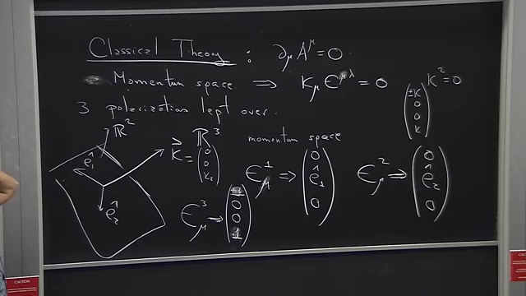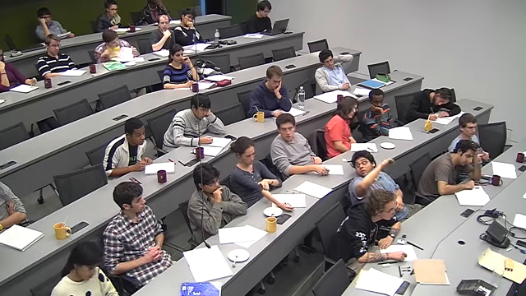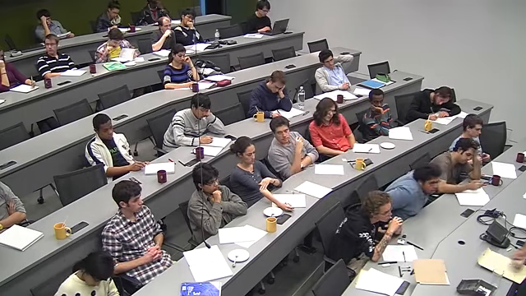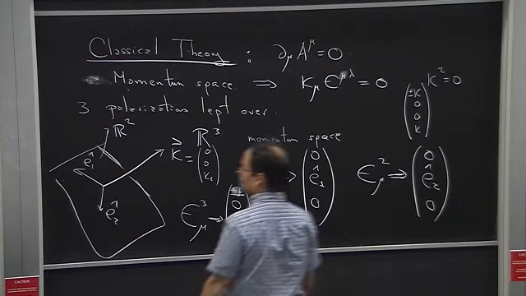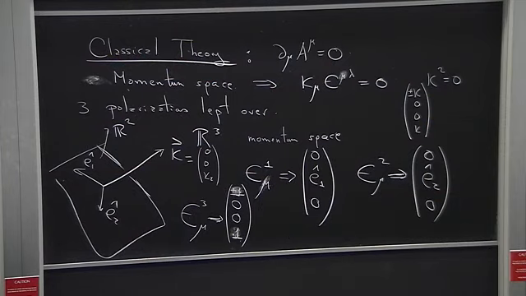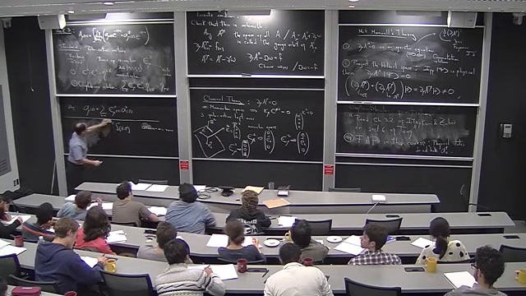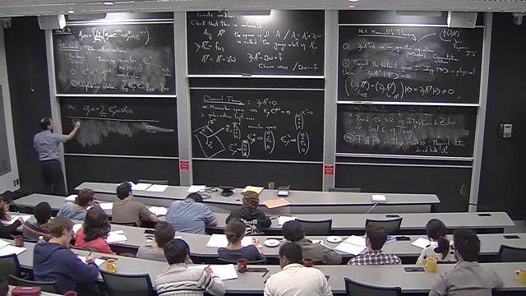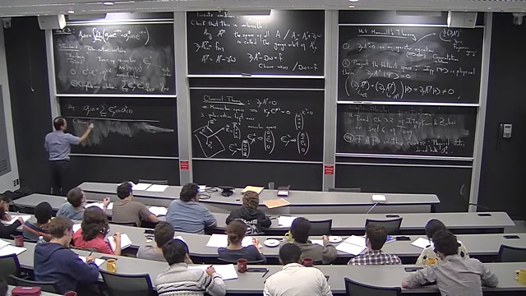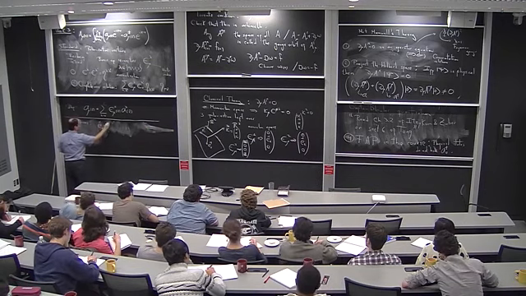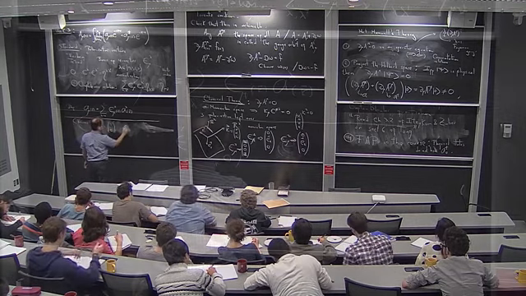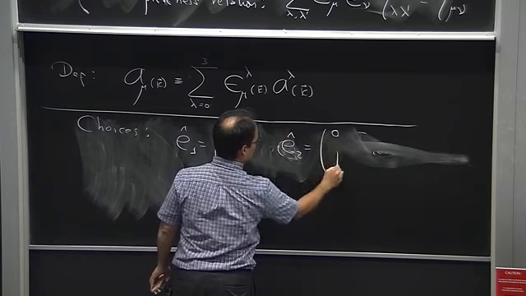These are two component vectors, so it's 1, 0, and 0. Okay, so let me actually tell you some examples of what these guys are. So some choices. You can choose E1 to be 1, 0, and E2 to be 0, 1.